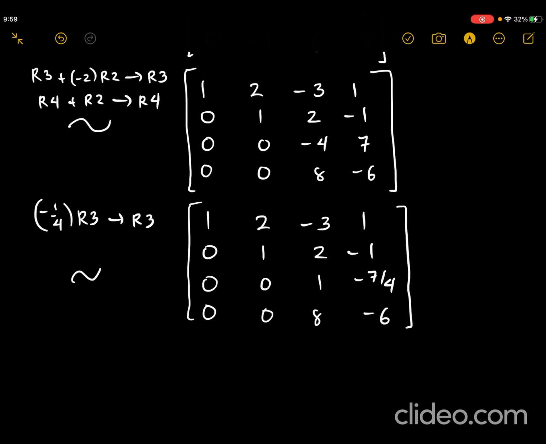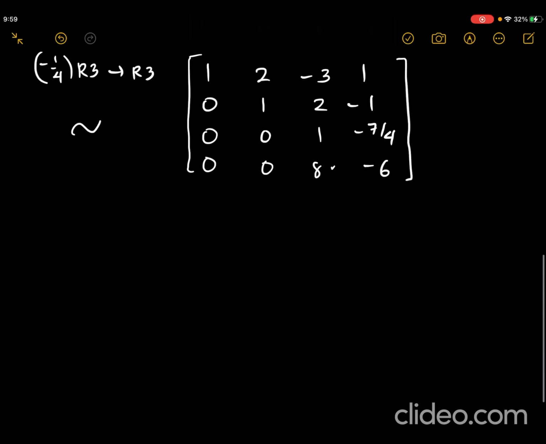Now we use this third row to make this entry equal to 0, to eliminate the 8. So we multiply negative 8 to R3, add the result to R4, and use it as the new R4.